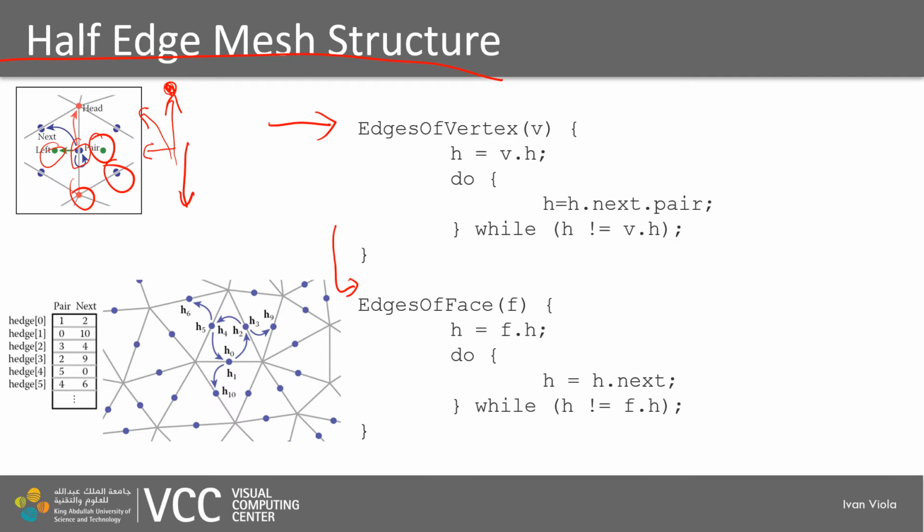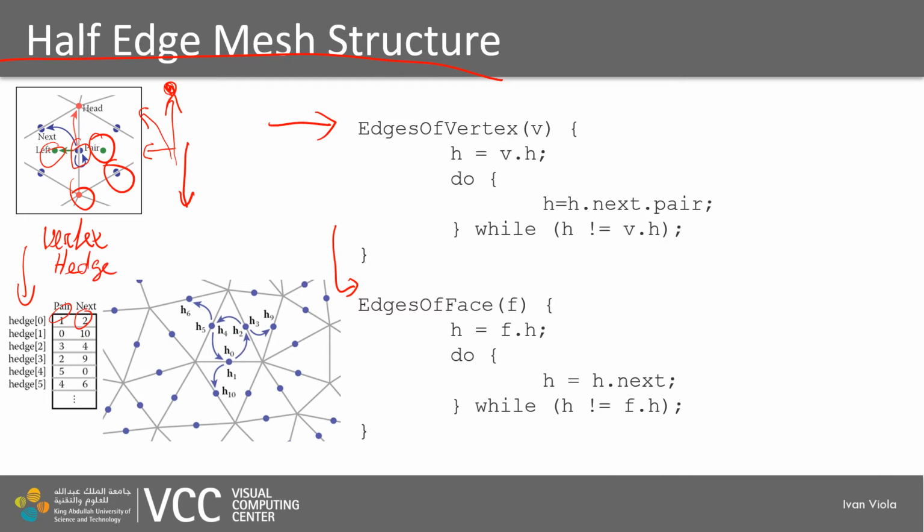So we can see that we have here the data structure half edge, and for each half edge we are storing its pair and the next, as well as the head vertex and the left face. We also have the vertex structure, which will be containing, besides other things, the half edge.